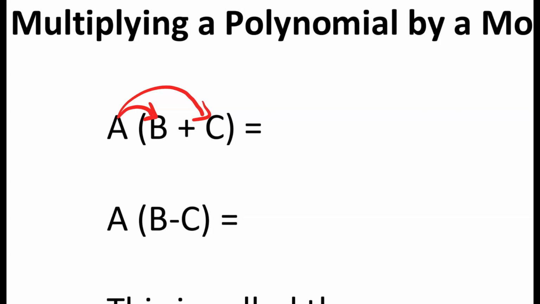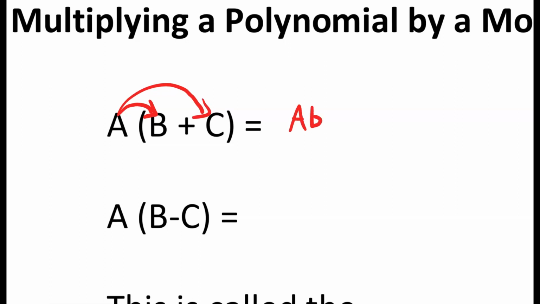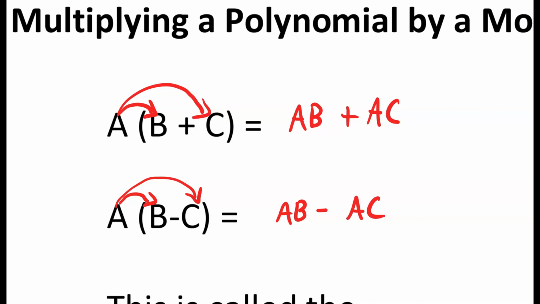So what this will get us will be ab plus ac. Same thing will be happening below when it's a subtraction inside the brackets. A multiplies in, a multiplies in, so we'd have a multiplied by b, so ab, subtract a multiplied by c, so ac.